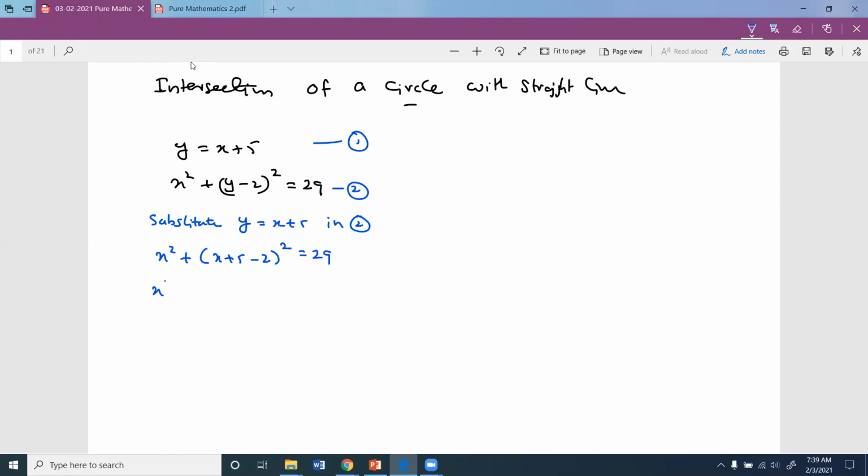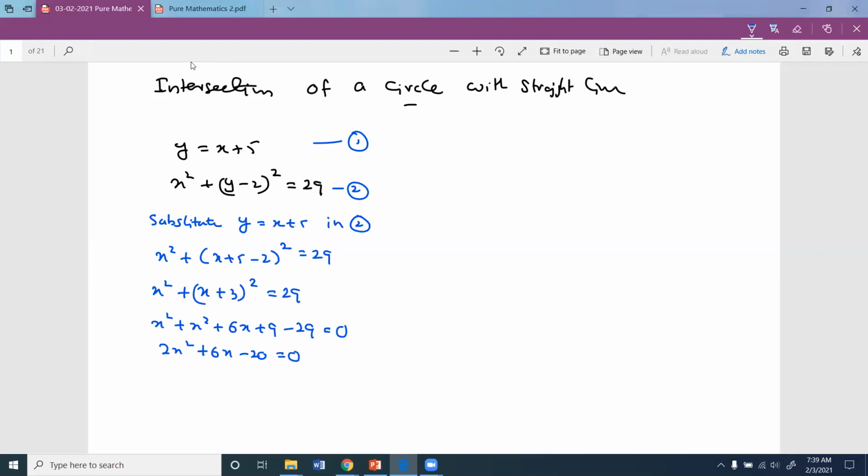That is x squared plus (x plus 3) squared equals 29. Anyway, we have to solve this. x squared plus x squared plus 6x plus 9, bring the 29 to the other side as a minus, turns into 2x squared plus 6x minus 20 equals 0.